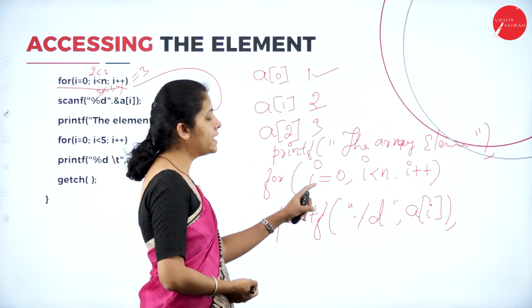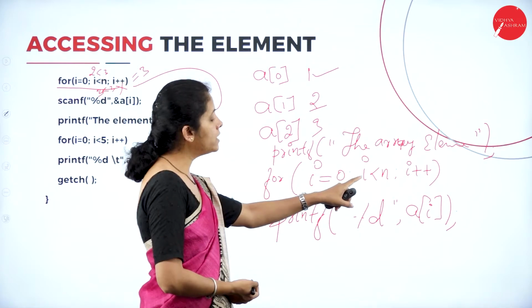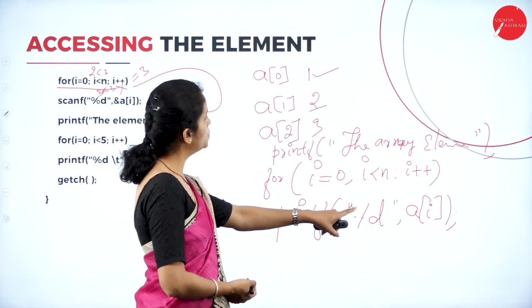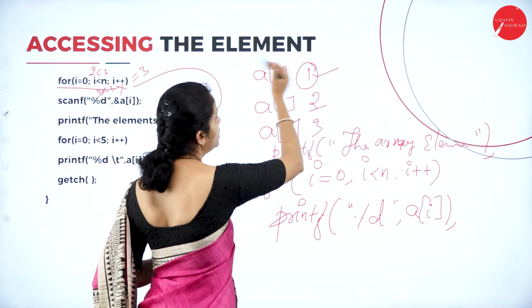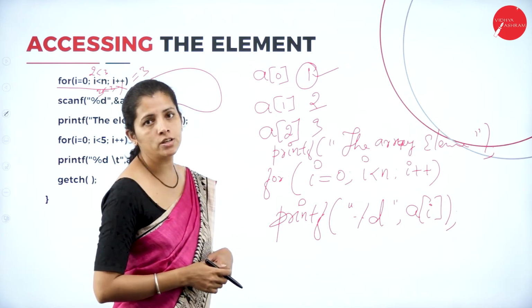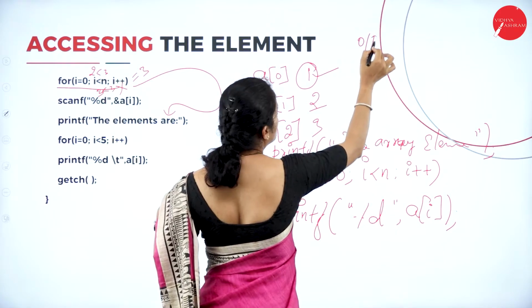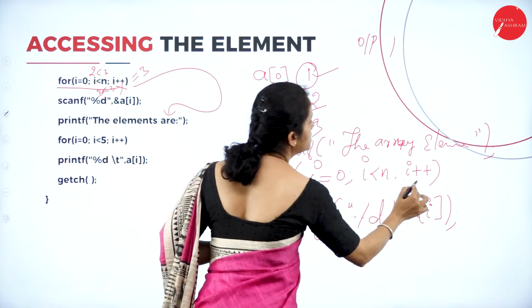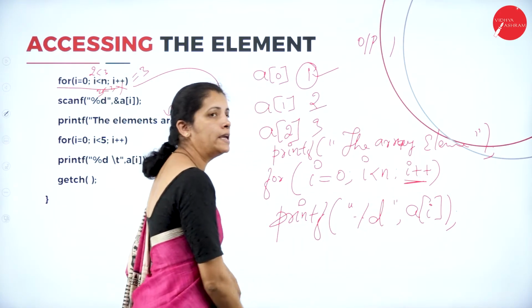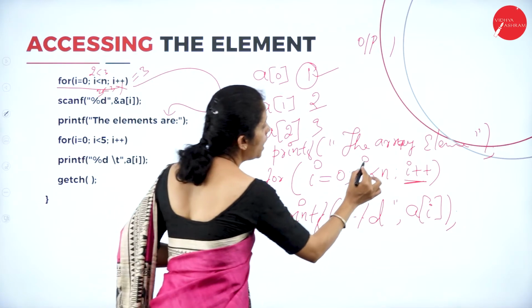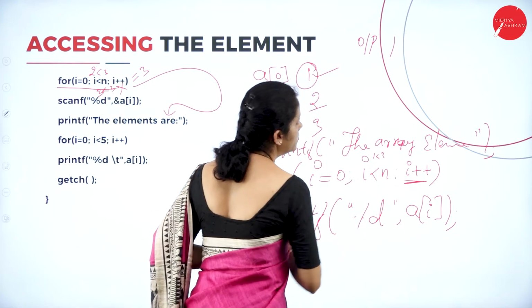So here I is 0, 0 less than 3, it is true. So I'm going to fetch the value which is present at the location a of 0. So I'm going to get the output 1. Now I is incremented by 1. Now I is 1. 1 less than 3, it is true.